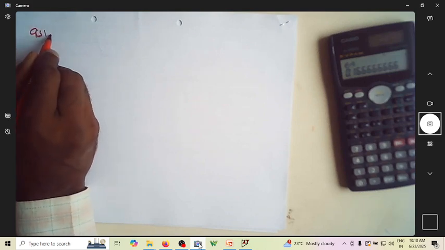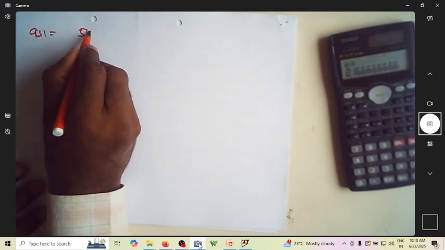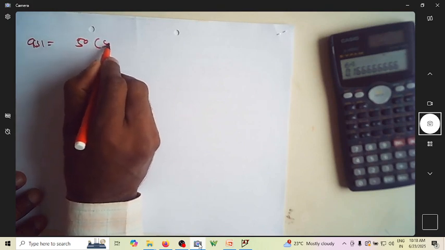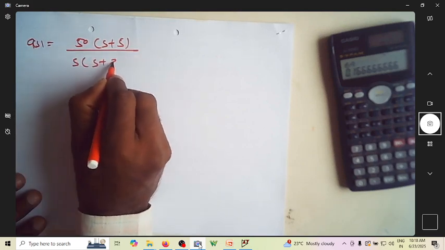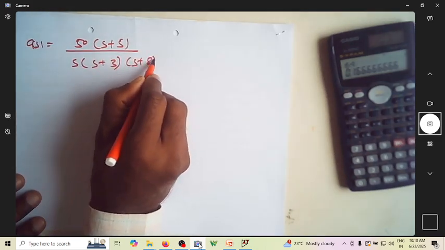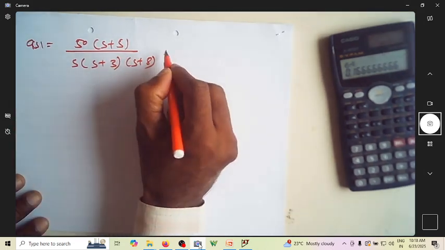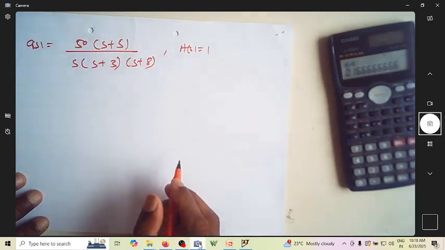So let us consider G(s) equal to 50 into (s plus 5) divided by s into (s plus 3) (s plus 8). Let us assume that H(s) is equal to 1.